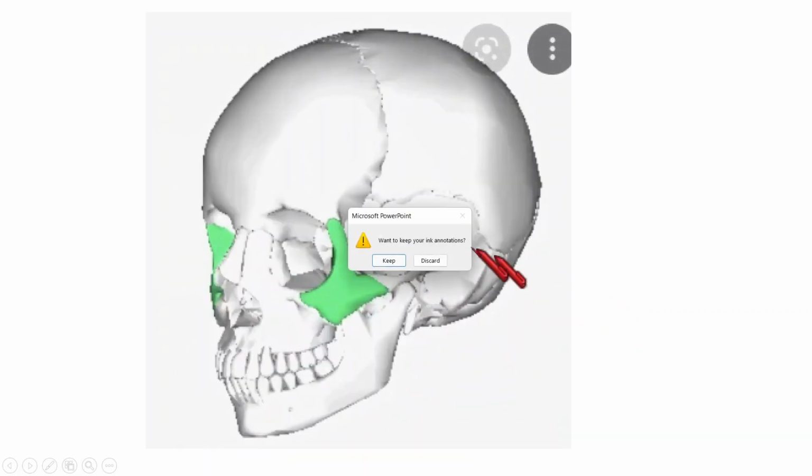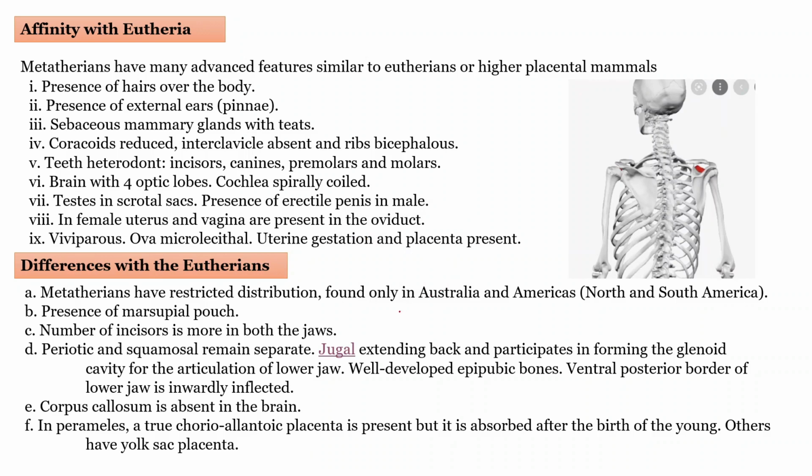So that is what jugal bone. So jugal bone, in the case of metatherians, it extends back and participates in forming the glenoid cavity for giving articulation to the lower jaw. So that is not in the same pattern in eutherians.